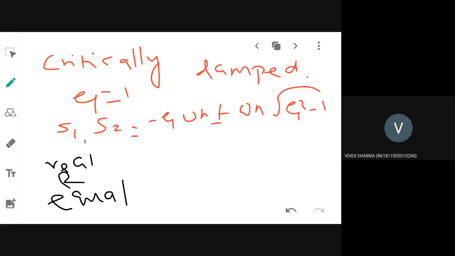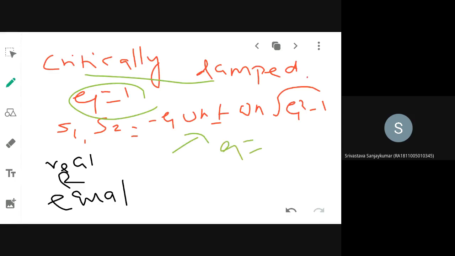Now, what are the remaining cases that are pending? We have seen the undamped system and the underdamped system. The third case is critically damped. What is the value of zeta? It is 1. In the general roots, substitute zeta equal to 1.